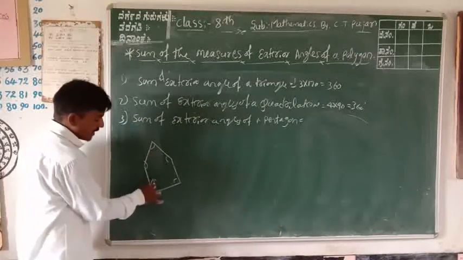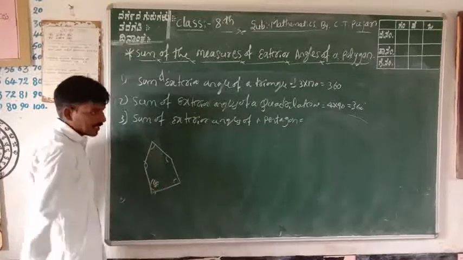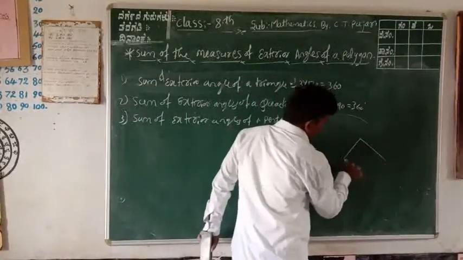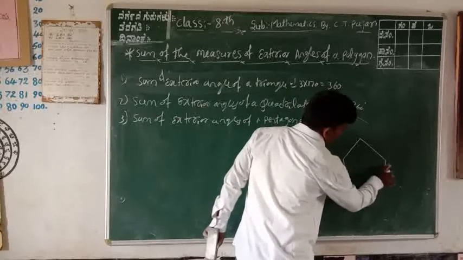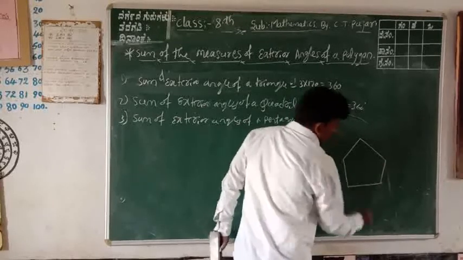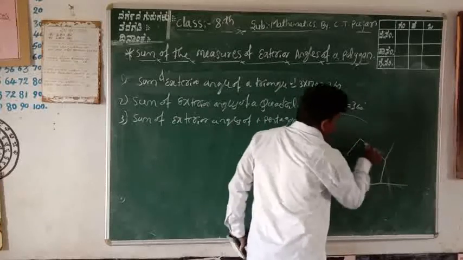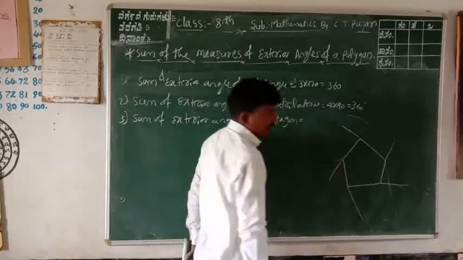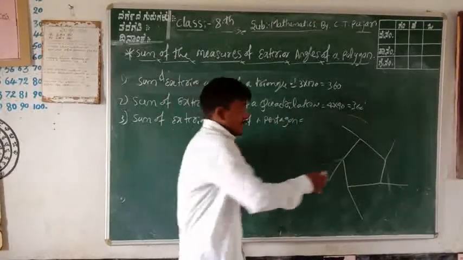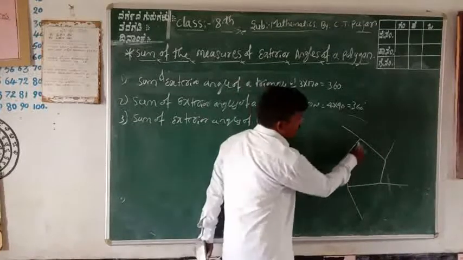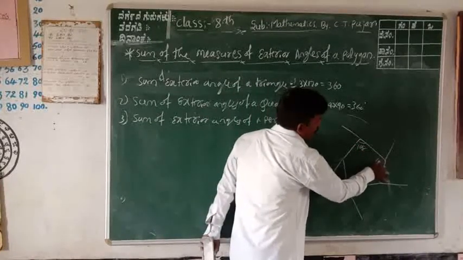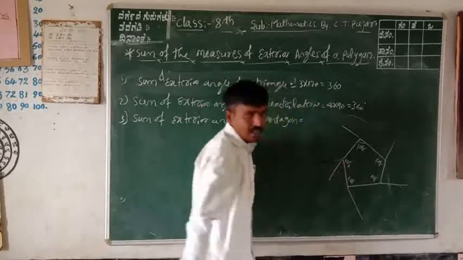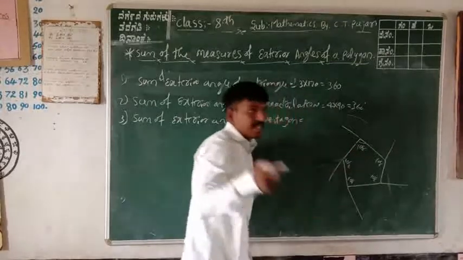That is 108 degrees. In the regular pentagon, each interior angle is 108 degrees, and 108 into 5 is 540.